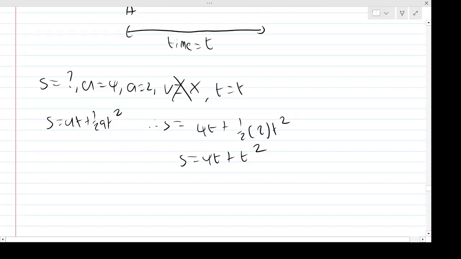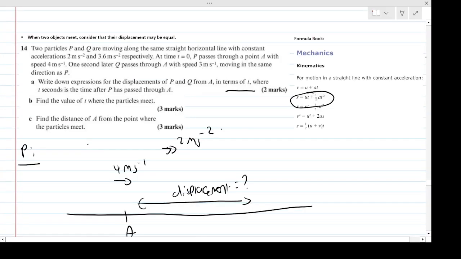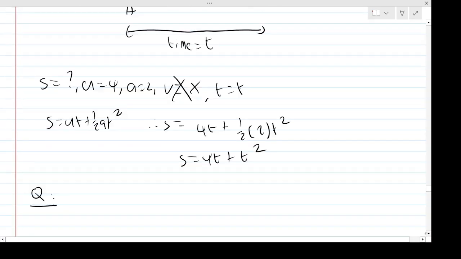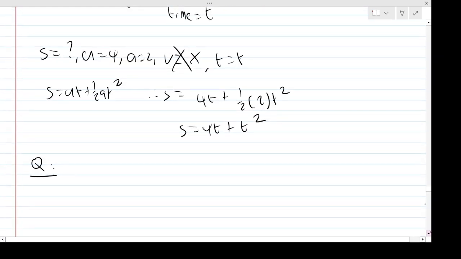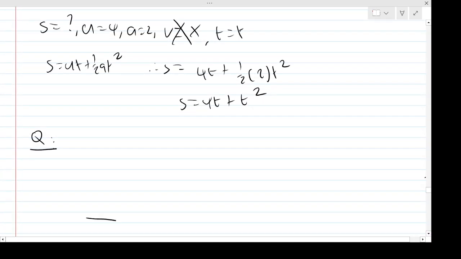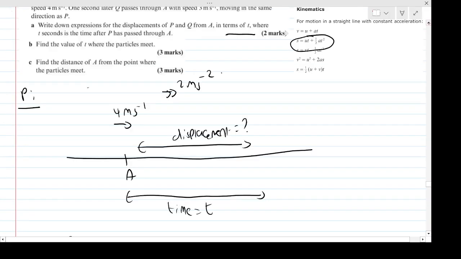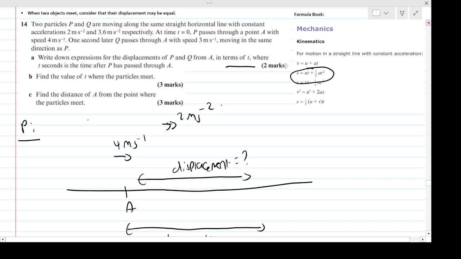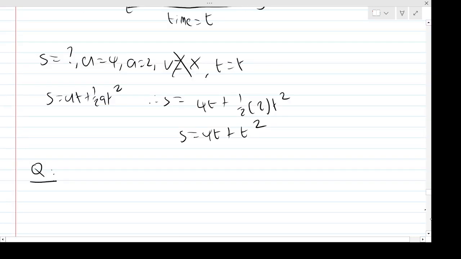Now we're going to consider Q. So now we're going to do the same for Q. So if I draw the information given, again it's on the same line. I'm not going to do both of them on the same diagram. I think it'll make it a lot messier. So I'm going to split them up. So again, the acceleration of Q is now 3.6.